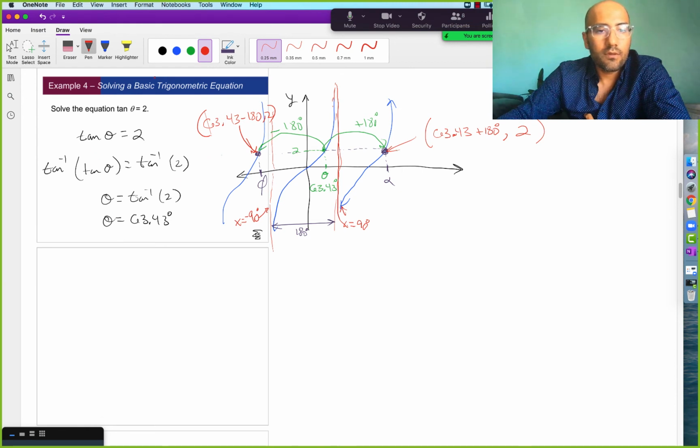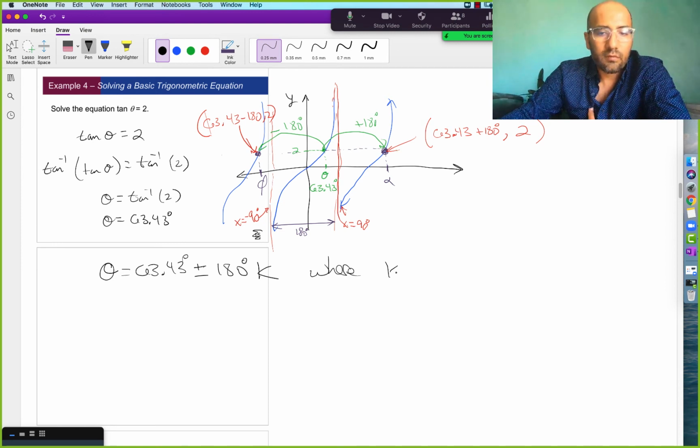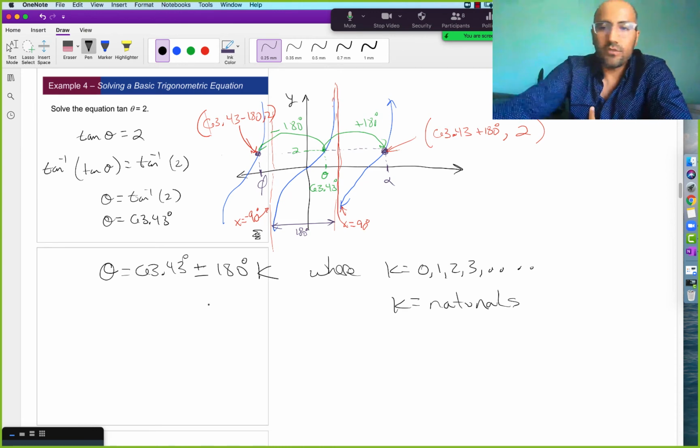Okay, so that helps us write down all possible answers. Theta equals 63.43 degrees plus or minus 180 degrees k, where k equals 0 or 1 or 2 or 3 and so on, any natural numbers. Good. Any questions?